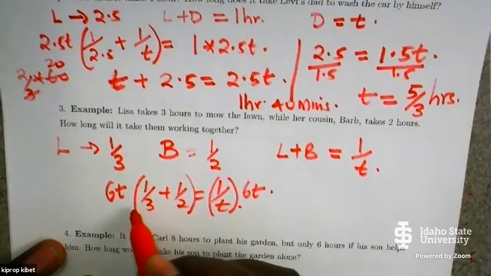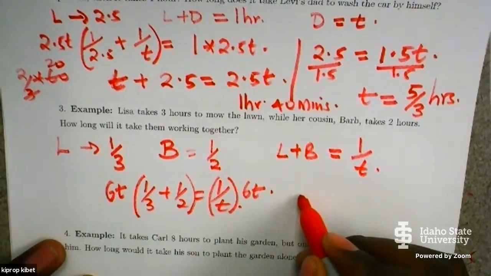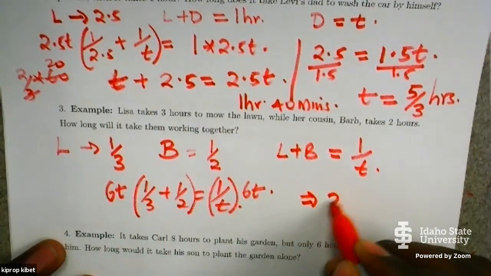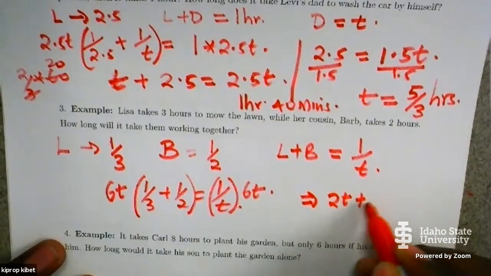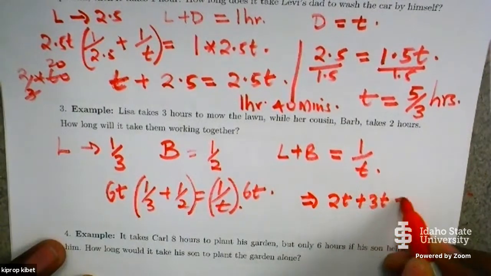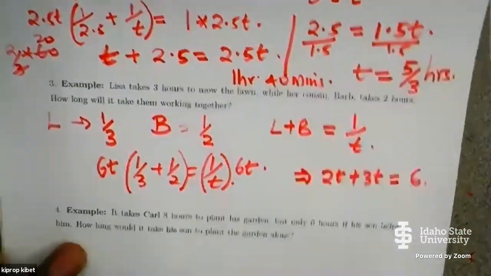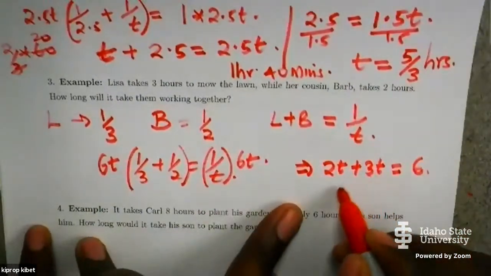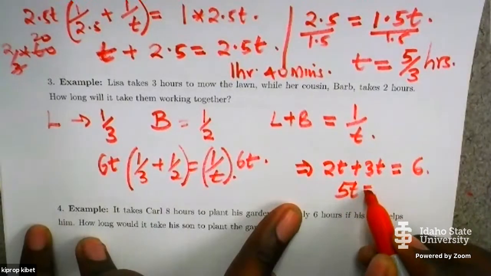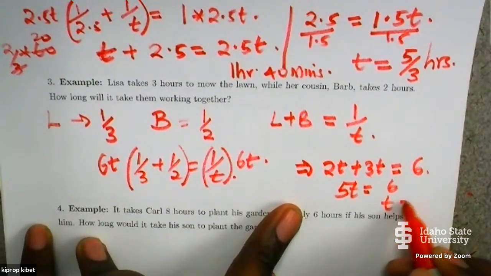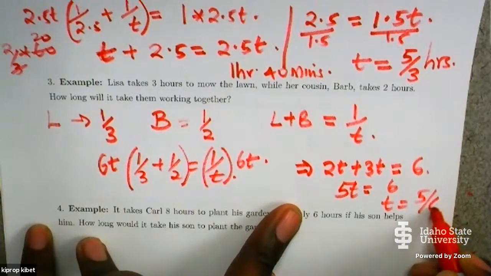So when you open the brackets, you get 2t plus 3t equals 6. So 5t equals 6, so t equals 6 over 5.